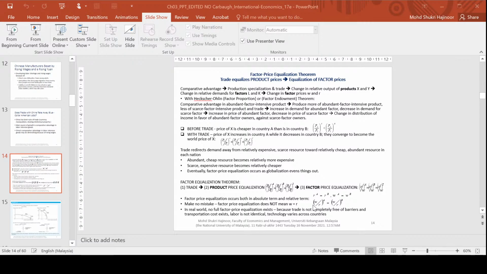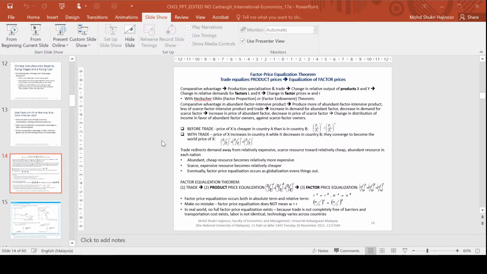That changes because of these changes. The change in factor price is greater than the change in product price.